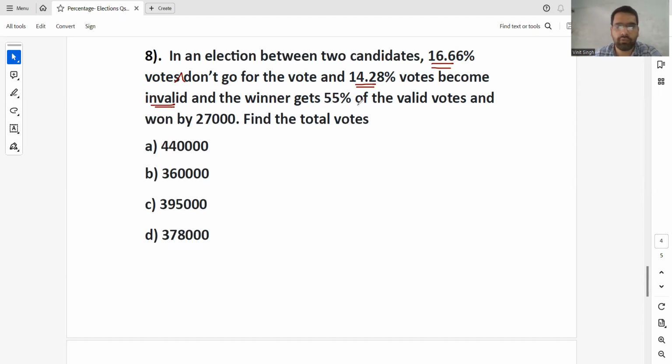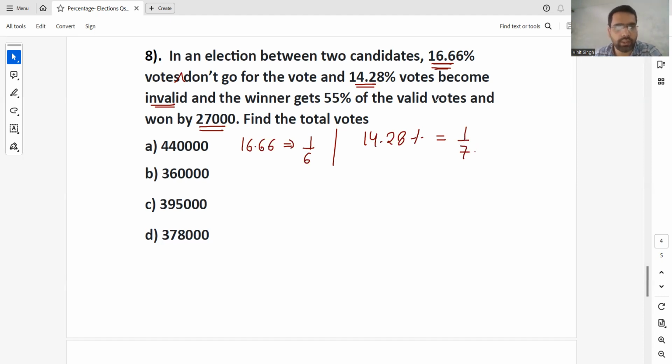And the winner gets 55% of the valid votes and won by 27,000. Find the total votes. So we know that the fraction value of 16.66% is 1 upon 6, and 14.28% is equal to 1 by 7.